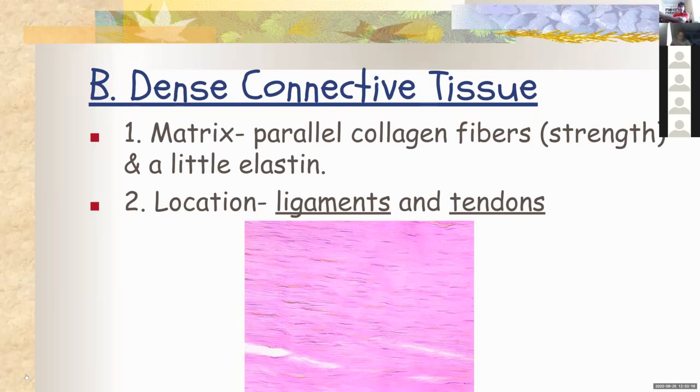Muscle attaches to bone in order to move the bone. So when you have muscle attached to bone, it's also dense connective tissue because it has to be tough, it has to be strong, but we call those tendons. Same material, ligaments and tendons, it's just what they're attached to. So bone to bone is ligaments, muscle to bone is a tendon.